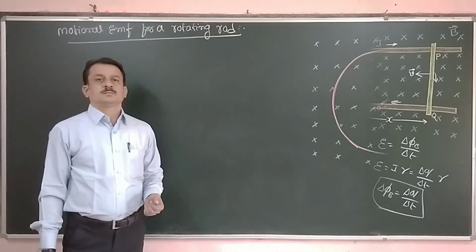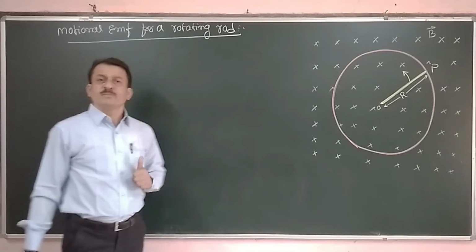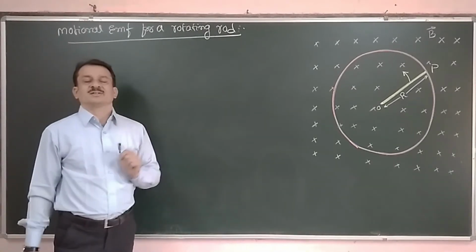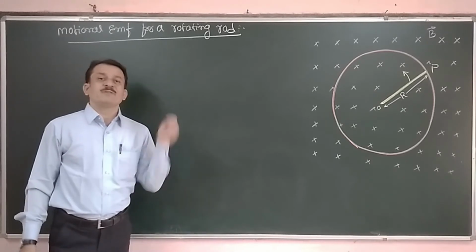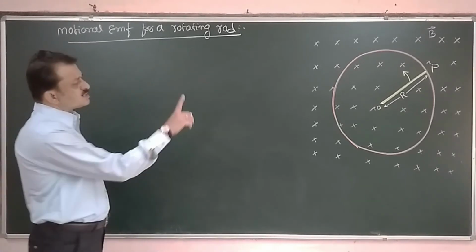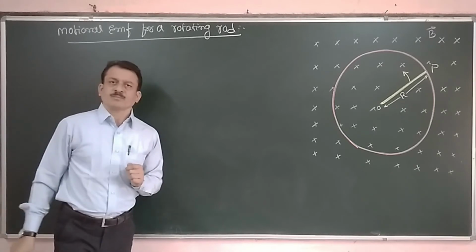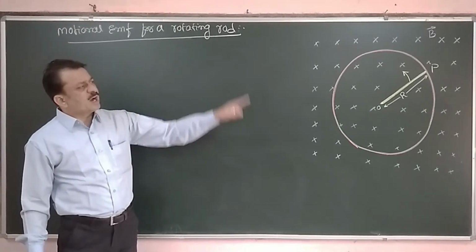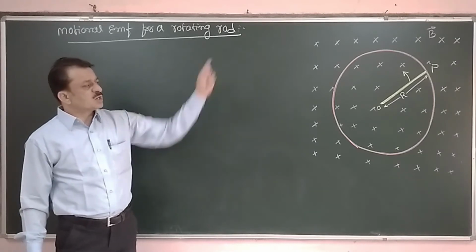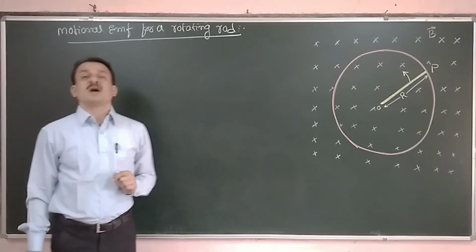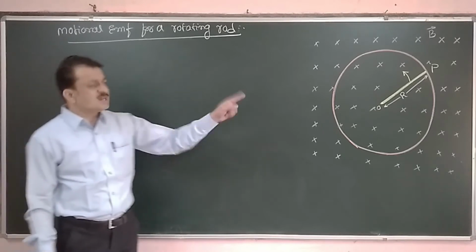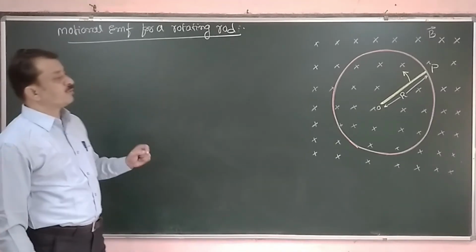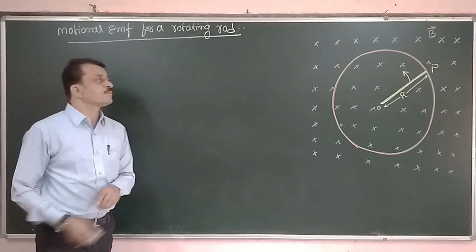Now motional EMF in the case of a rotating rod. In the previous one, the rod is moving, that is linear motion. So here the rod is fixed at one end and the other end is rotating in a circular path, describing a circle of radius R. Now what is the expression for the motional EMF that we are going to study?